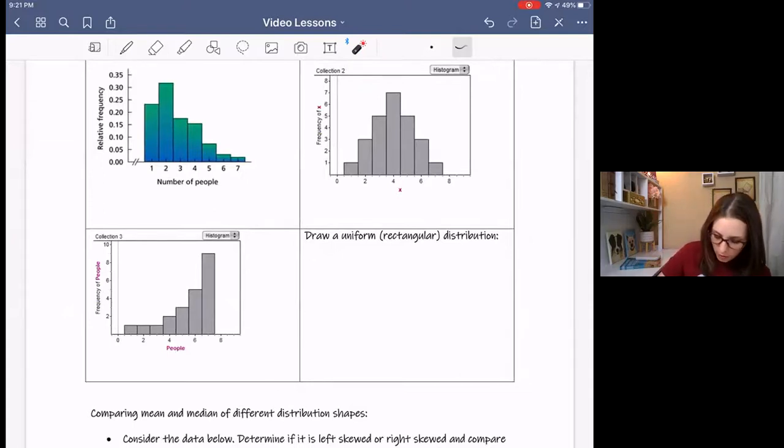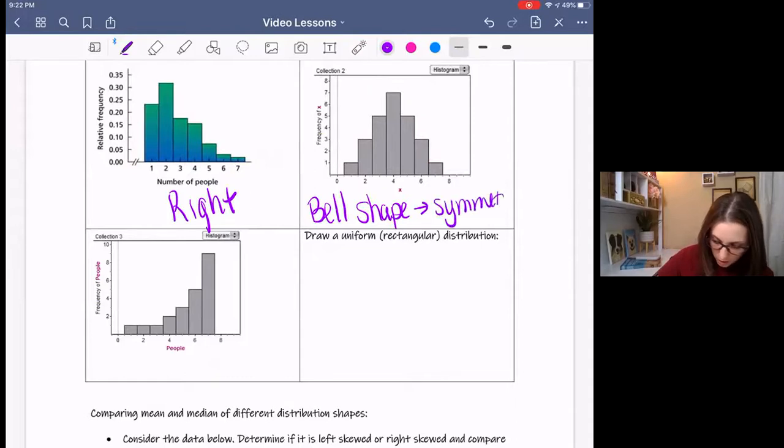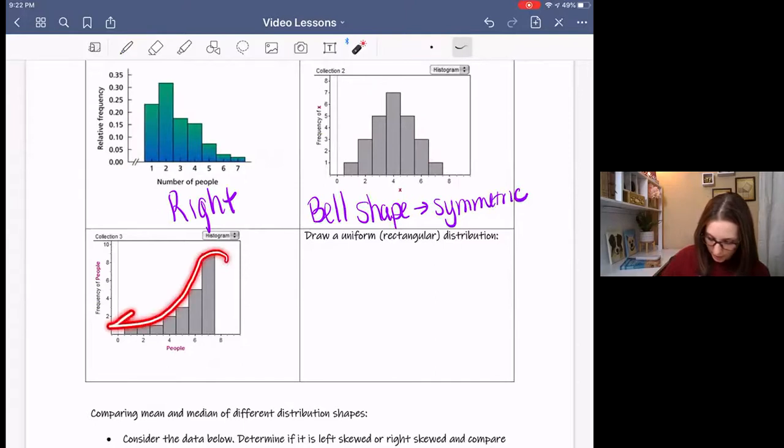This one, if you kind of sketch, has a right tail, so it is right skewed. This one, if you sketch that, has a bell shape, so it is symmetric. And then the last one has a left tail, so it is left skewed.